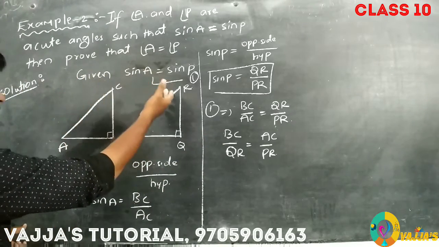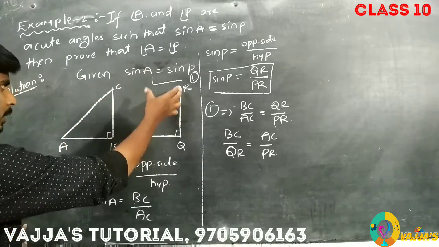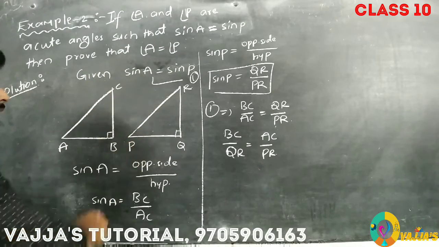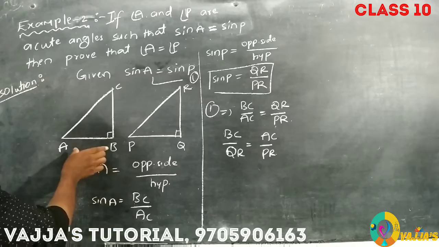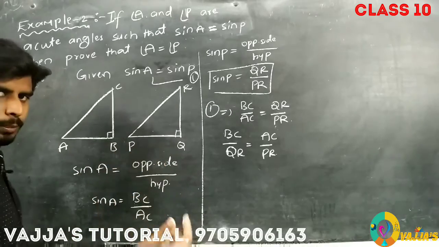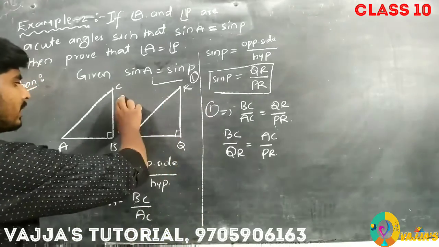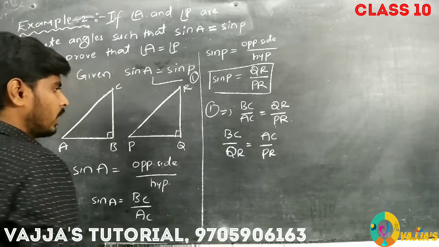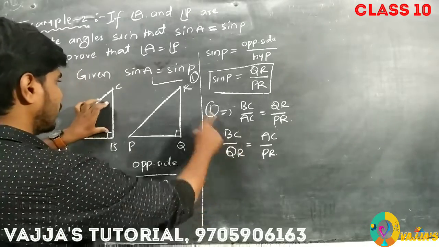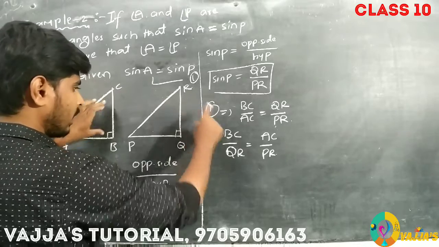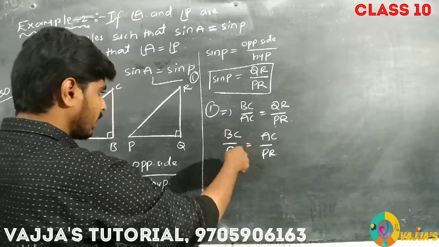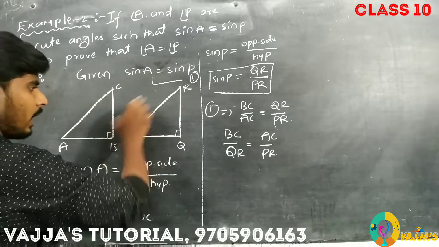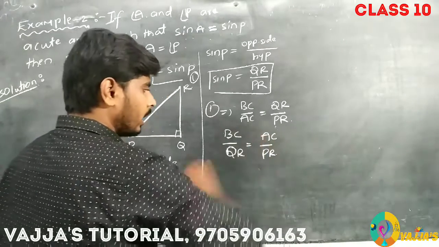AC is the corresponding side to PR, PR is the corresponding side to AC. It means AC and PR are the two corresponding sides, as well as AB and PQ are the two corresponding sides, and QR and BC are the corresponding sides. That is why BC by QR, these two are the corresponding sides, that is why I am writing this ratio equal to AC by PR.